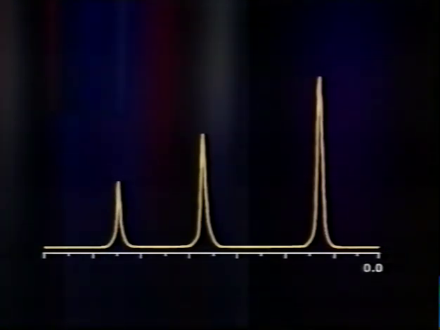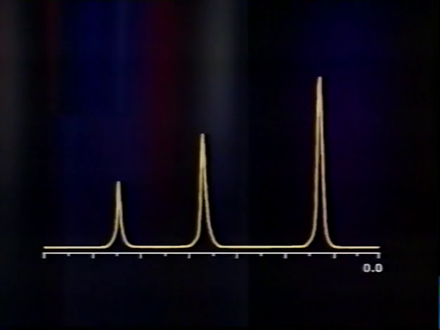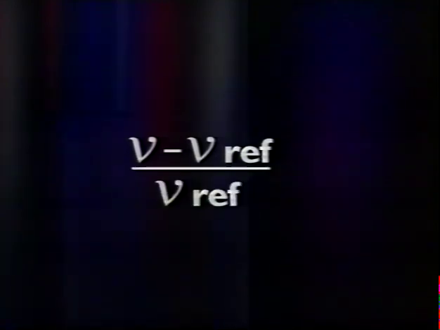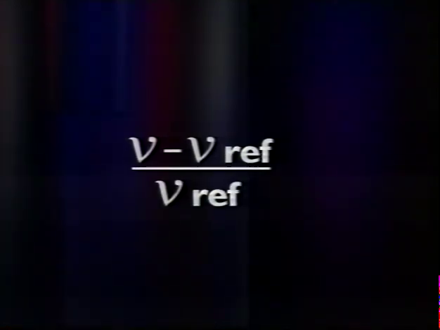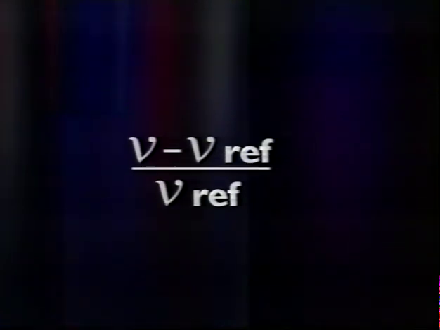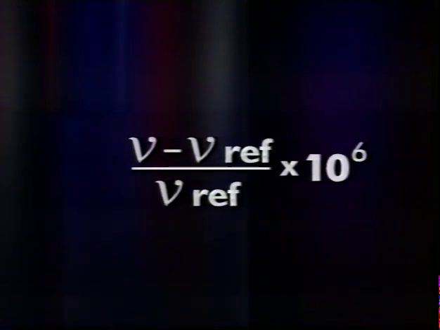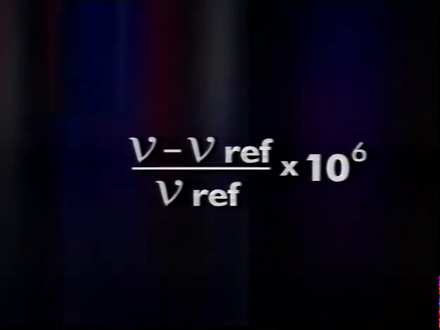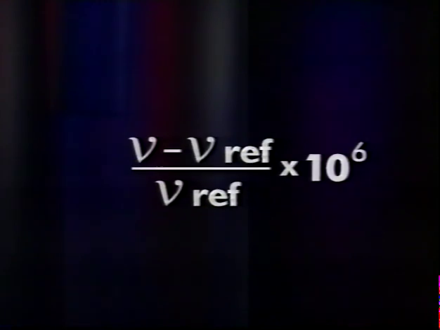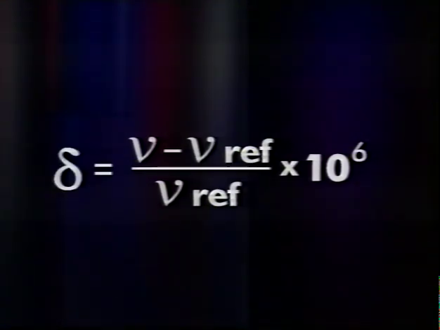To allow for instrument variation, the axis is scaled as a dimensionless quantity, simply the difference between the observed resonance frequency, nu, and a reference frequency, nu ref, rendered dimensionless by dividing by nu ref. This removes field dependency. Multiplying by 10 to the 6 brings most protons onto a scale of roughly 0 to 12. This scale is known as the delta scale.